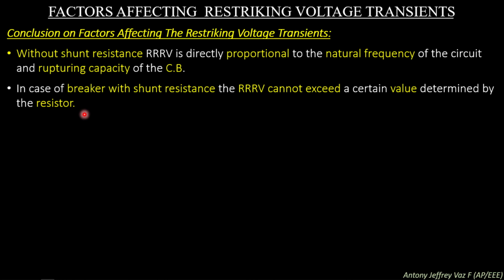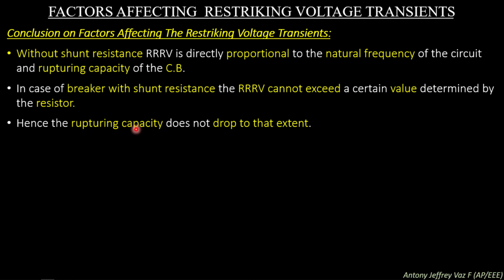Since the shunt resistor is calculated using the formula 1 by 2 root of L by C, this parameter of the shunt resistor helps us to stop the rate of rise of restriking voltage, and it helps us to limit the restriking voltage within a certain value. Hence, the rupturing capacity does not drop to that extent. So the circuit breaker lifetime gets very much increased.